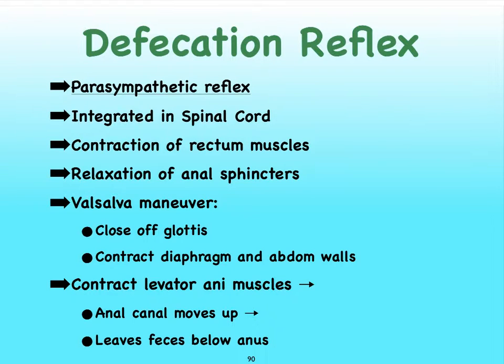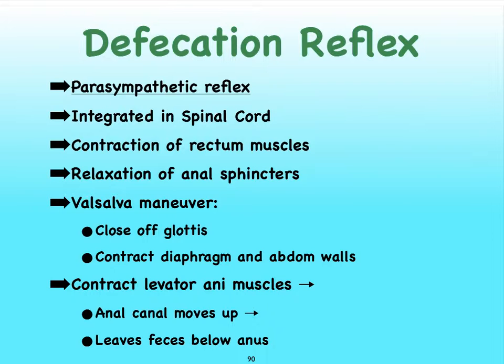Let's take a look now at the mechanism of defecation and the defecation reflex. This is a parasympathetic reflex, by the way, that is integrated in the spinal cord. And recall that the parasympathetic fibers arise from the sacral portion of the spinal cord. So it's essentially a sacral spinal reflex.